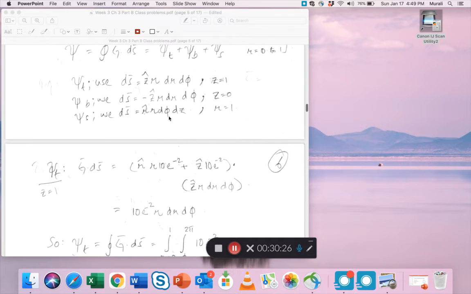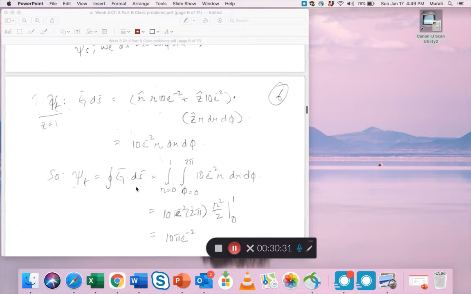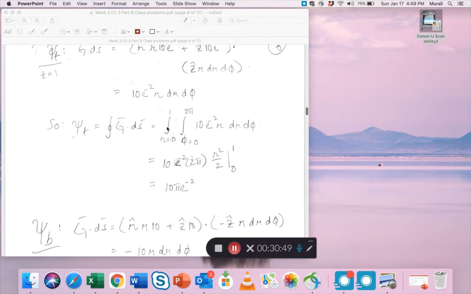Okay, the side, of course, we use this. So using this, you write the proper G dot dS, which is a scalar for each side. So this is for top, then you integrate over the appropriate limits. So see how this works.